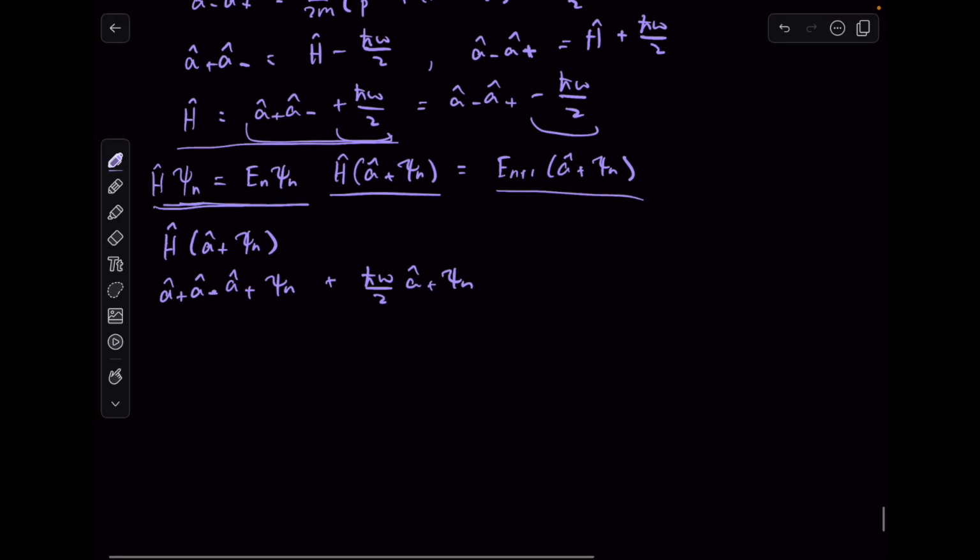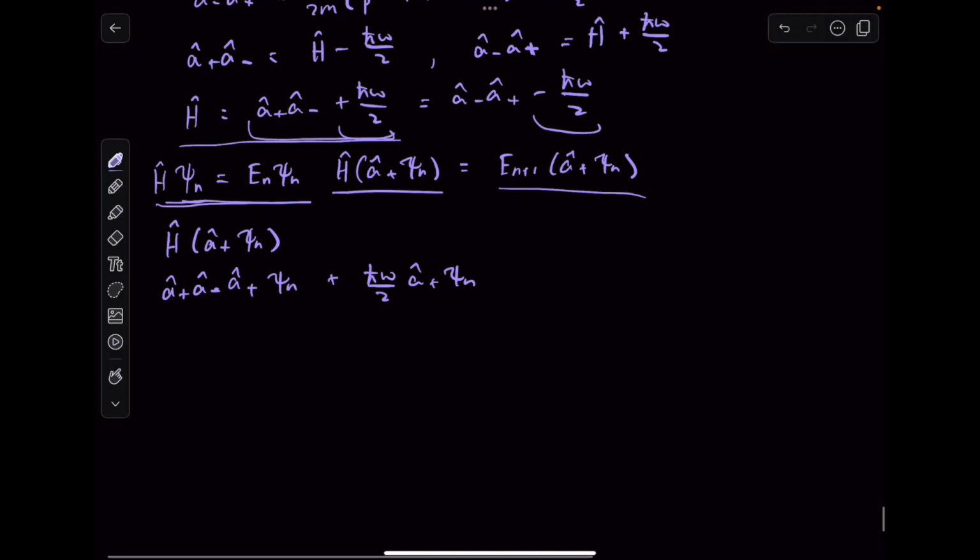Right? And then we're going to do another substitution. Namely, we're going to do it on this portion, and we know that this portion up here is equal to the Hamiltonian plus h bar omega over 2.